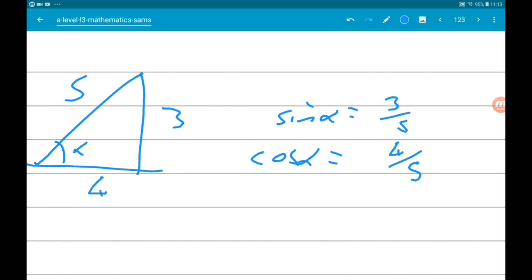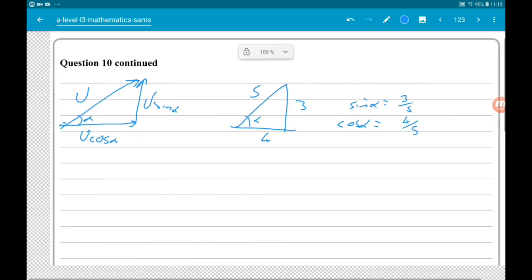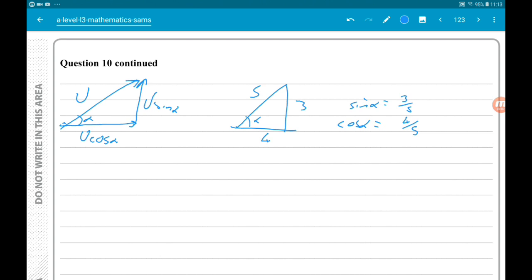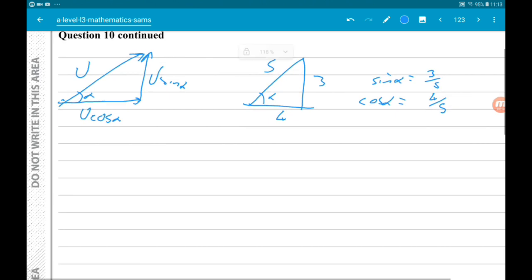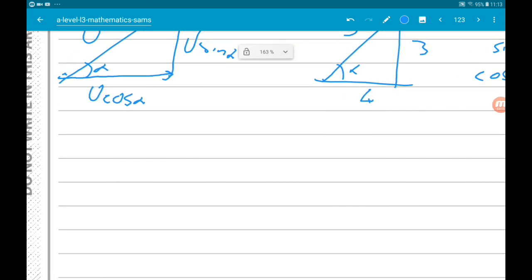So if we now do that for the horizontal and vertical motions, then we know that the displacement for x is 36.